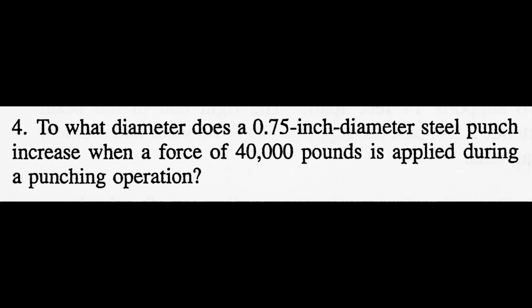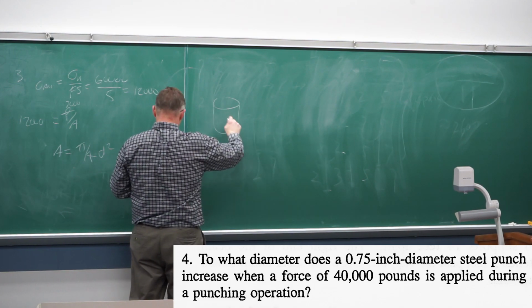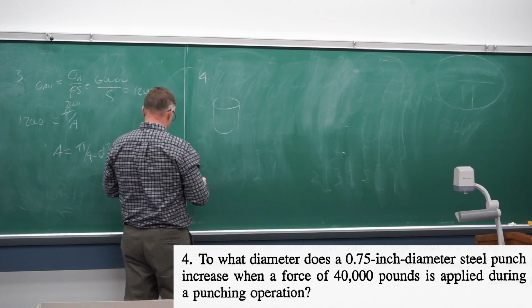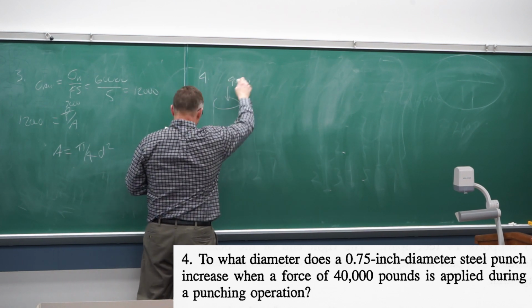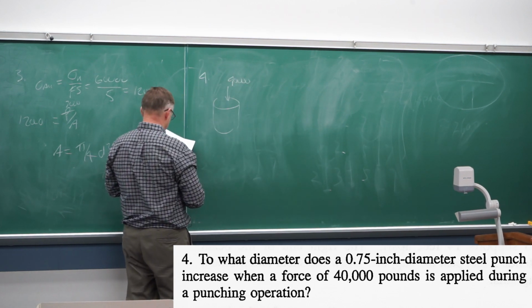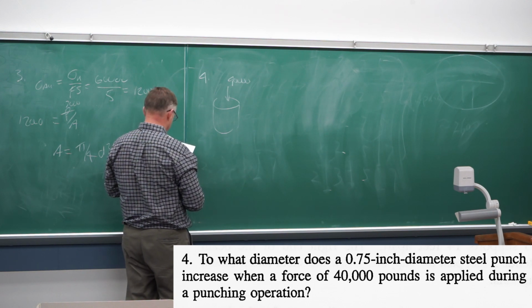So this one's going to involve Poisson's ratio, because I think we're talking about a punch here. This is 4. Got a force of 40,000 pounds on a diameter that's 0.75 inches.